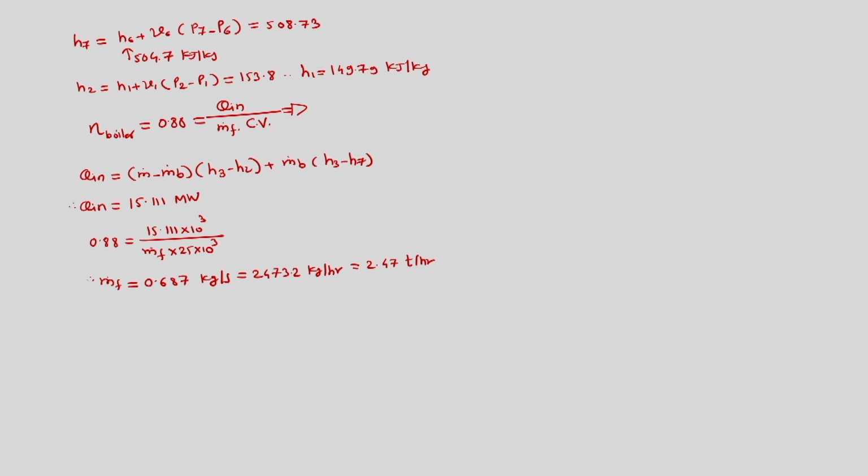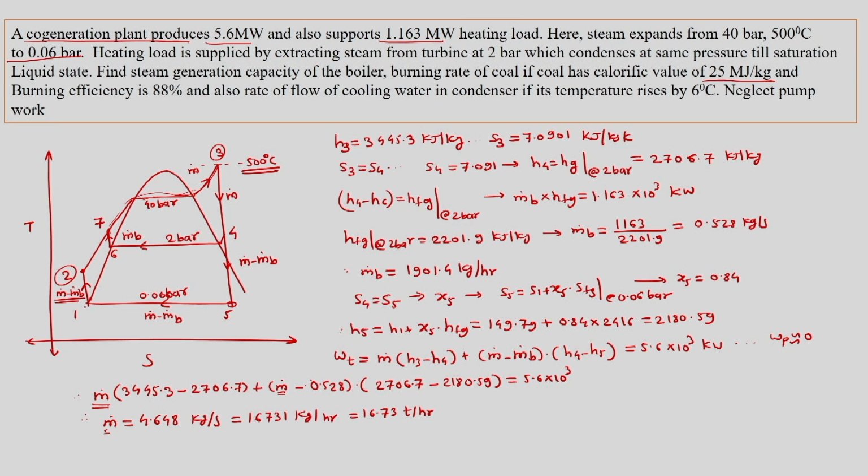Now having solved for the fuel, we have to work for the cooling water which is used in the condenser. So we are losing heat as the mass m dot minus m dot b passes in the condenser from 5 to 1. So m dot minus m dot b loses its enthalpy from 5 to 1, and that is a source for the cooling water, where the cooling water gets heated.